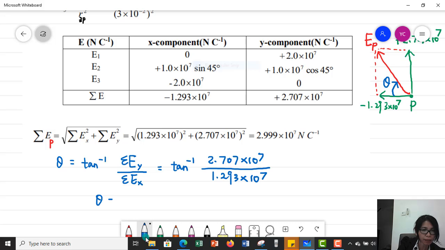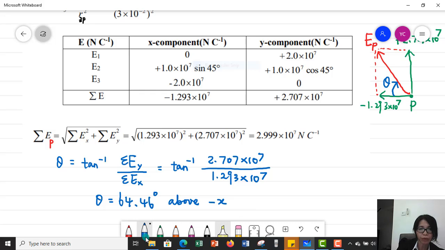So when I do the calculation, I'll get the angle, around 64.46 degrees above the negative x axis.